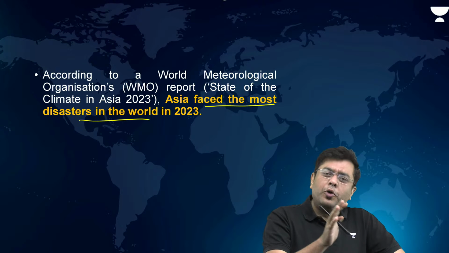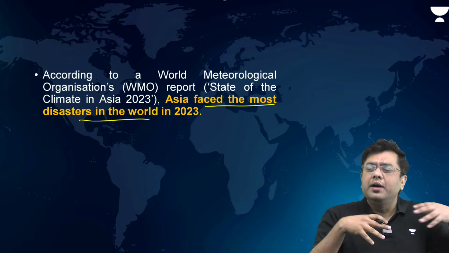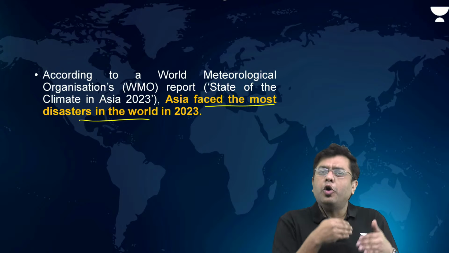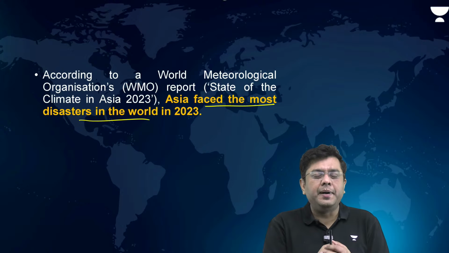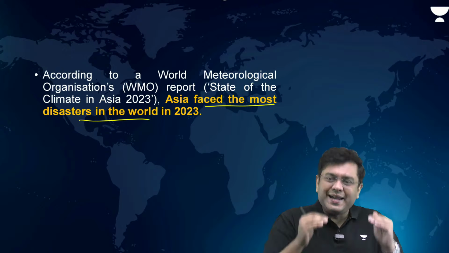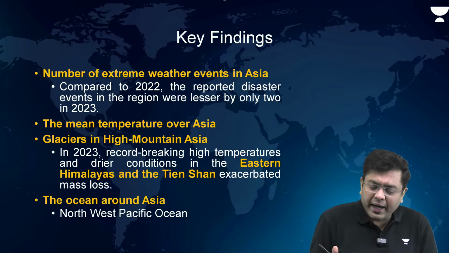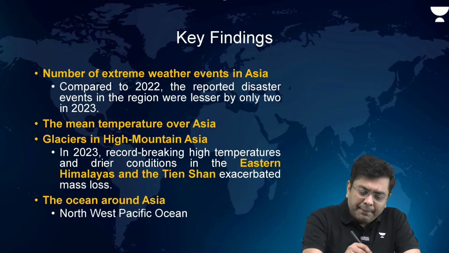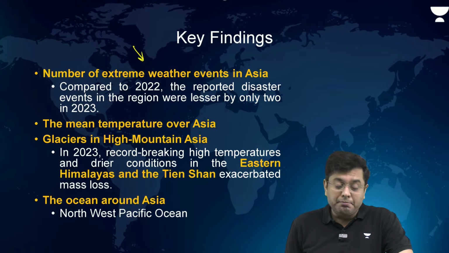As per this report, there has been a detailed study carried out about glacial loss, the number of deaths, climate-induced floods, and glacial lake outburst floods. So the entire report is a detailed coverage of that. So here, what are the key findings? The number of extreme weather events in Asia has been very massive.